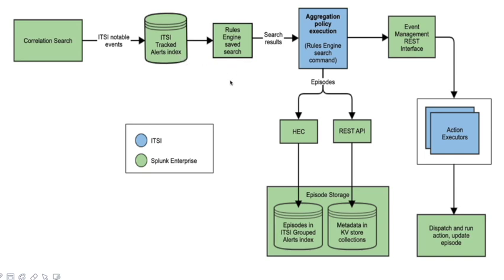As I earlier mentioned, ITSI rule engine accepts the notable events through the save search. The search command generates the internal structure required for aggregating events into episodes and executing actions.